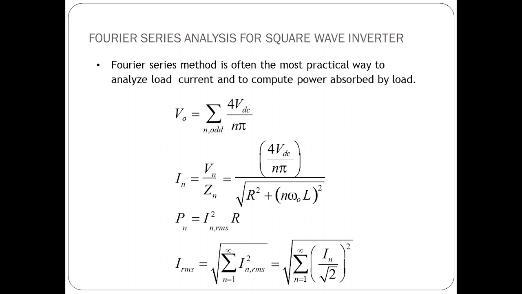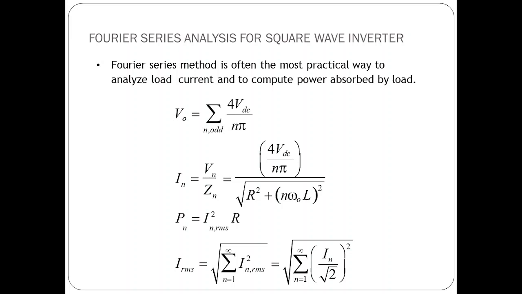Now we will see that V0 is the output voltage given by the formula sigma over n odd, that is, n having odd numbers, of 4 into VDC by n pi. That is, 4 times the DC voltage by n pi gives us the output voltage formula. Now if you want to find out In, the current, that is equal to Vn by Zn.